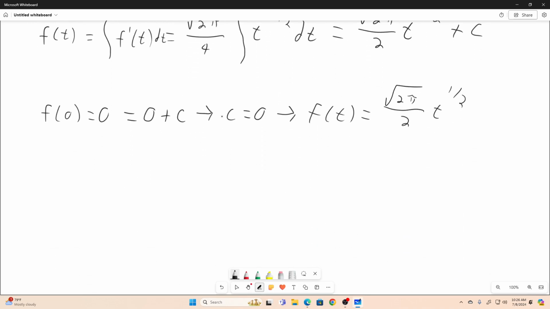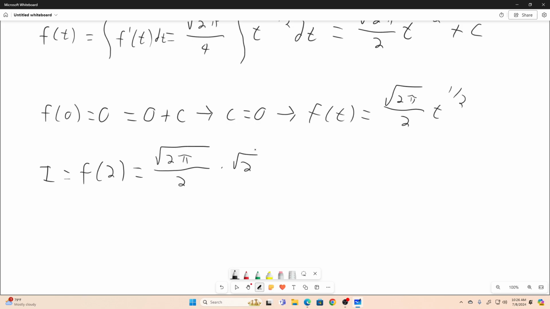And now all we have to do is plug in 2 for t, and we have the value of our integral. So the value of our integral, I, is equal to f of 2, which is the square root of 2 pi all divided by 2 times 2 to the 1/2, which is just the square root of 2.